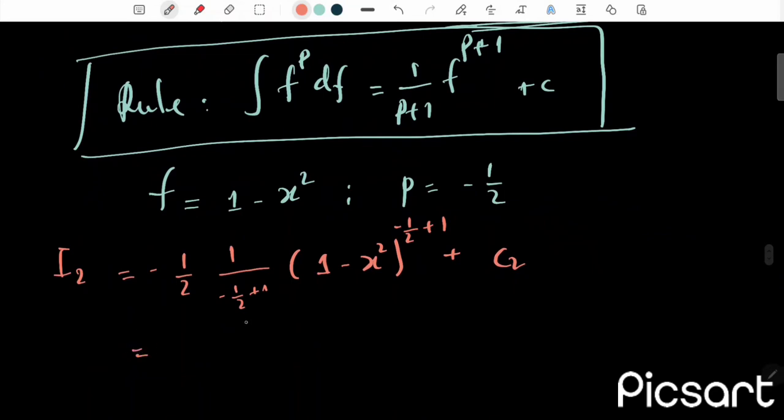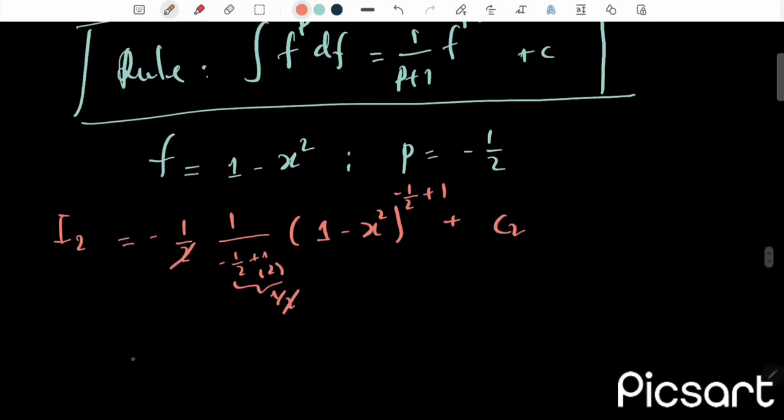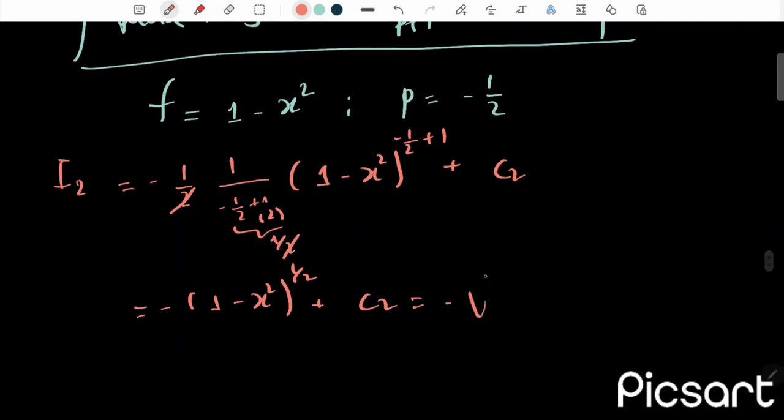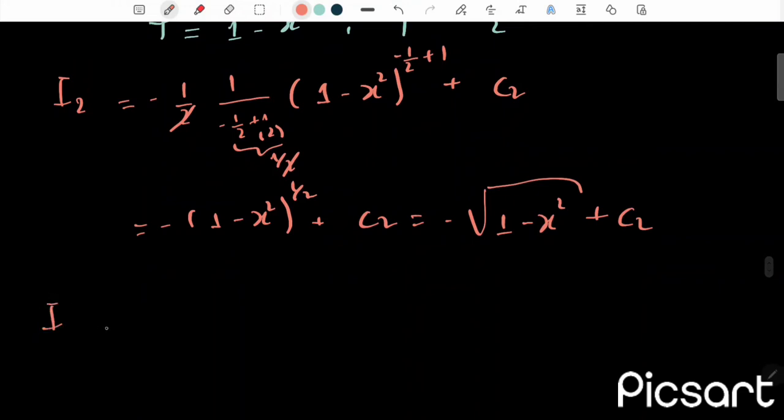Here we have 2 and this is 1 over 2, so we can simplify and we get minus the square root of 1 minus x squared plus c2.